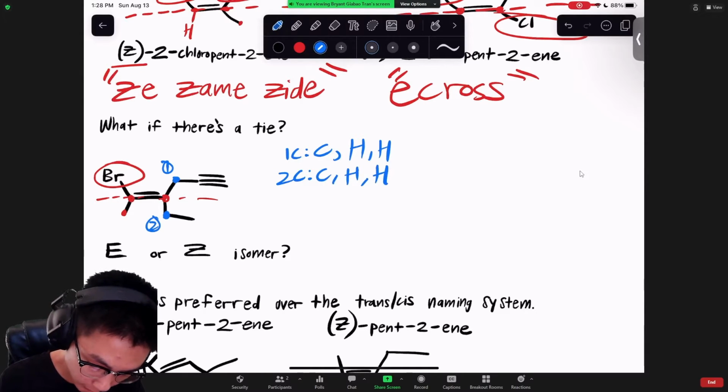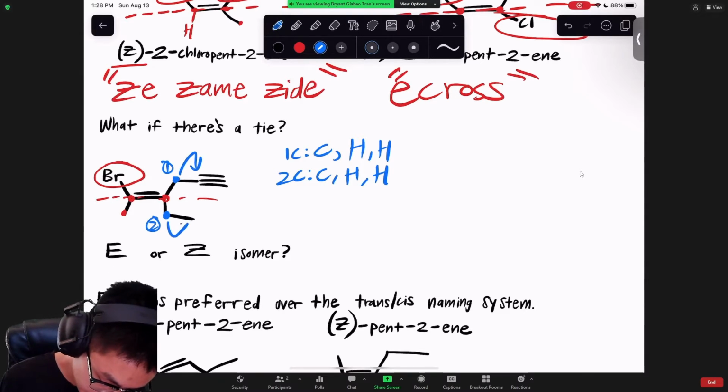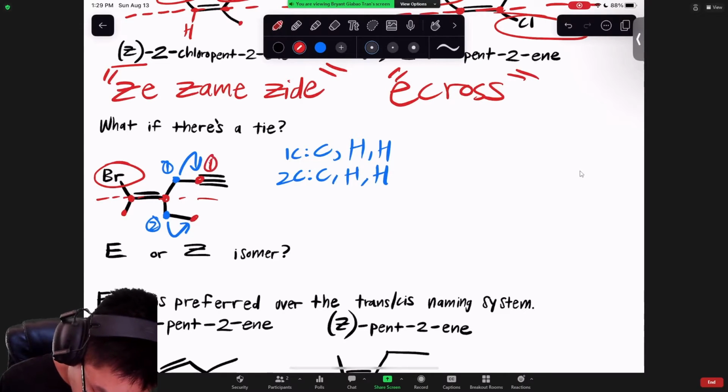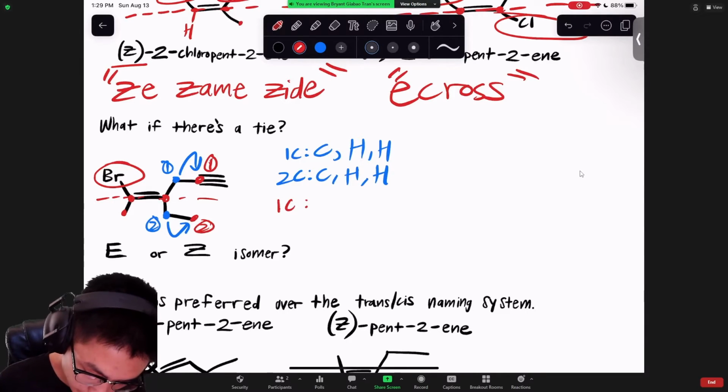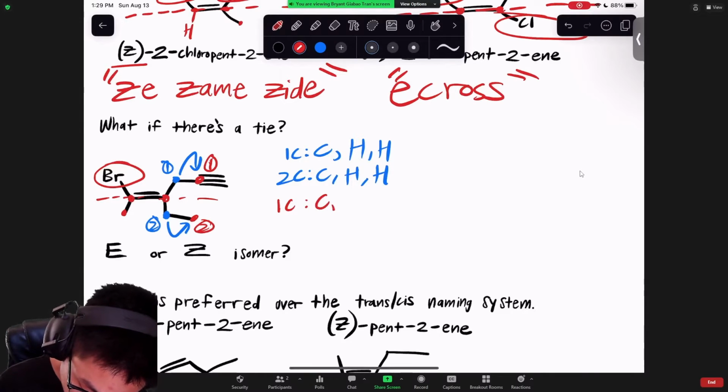That means that we're going to move on to the next atom, which is going to be this carbon over here. So then this one carbon, the red carbon, is going to be attached to three other carbons, while the second carbon is going to be attached to three hydrogens.